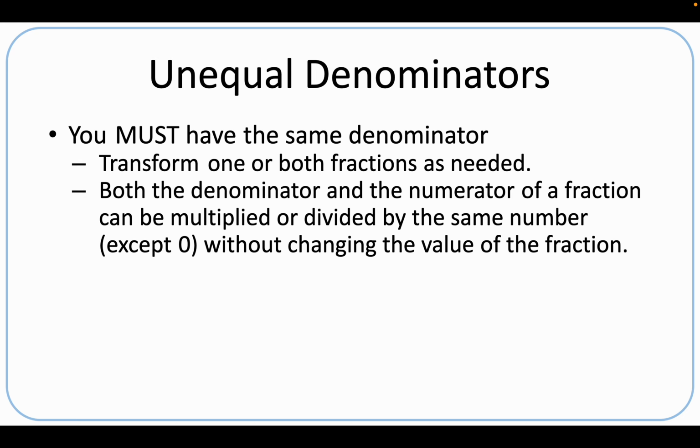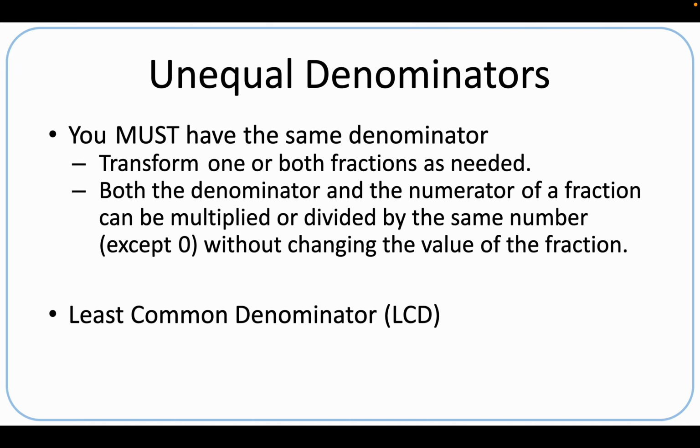Think of it like this: if you have a number and you multiply it by 1, you just end up with the same number that you started with. So multiplying a fraction by 2/2, for example, is just like multiplying the number by 1 because 2/2 is 1. And this is how we can rename our fraction but keep the value of it the same.